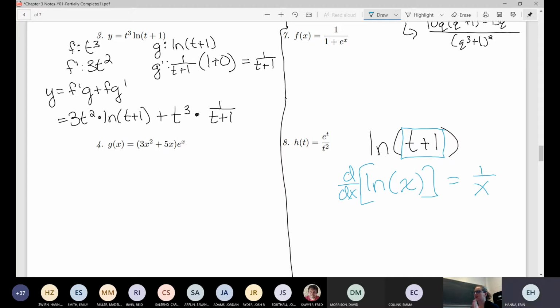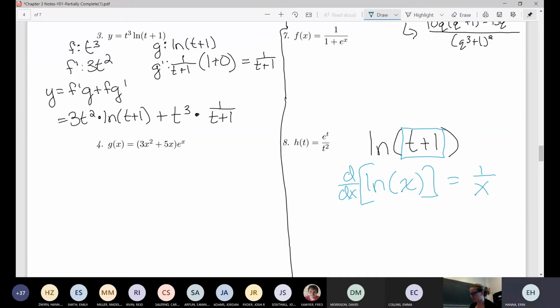If the thing inside that natural log is not just an x, or just a t, or just a w, whatever variable you're working with, if it's not just a single occurrence of that letter, it's a chain rule. So since it's t plus 1, it's a chain rule. If it was t squared, it'd be a chain rule. If it was 5t to the 5th plus 57, it'd be a chain rule. Essentially, anything more complicated than an x makes it a chain rule.